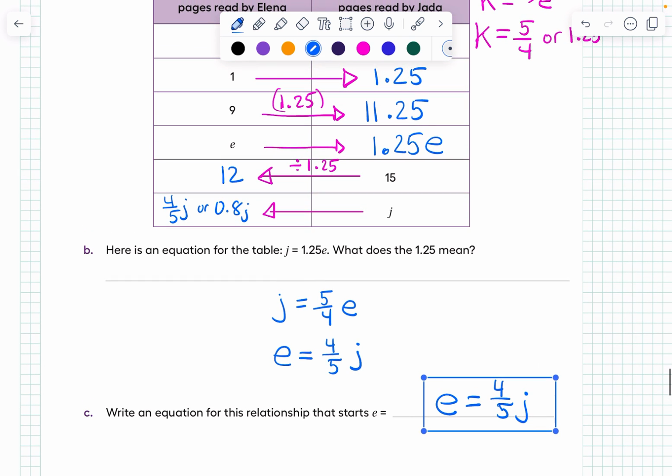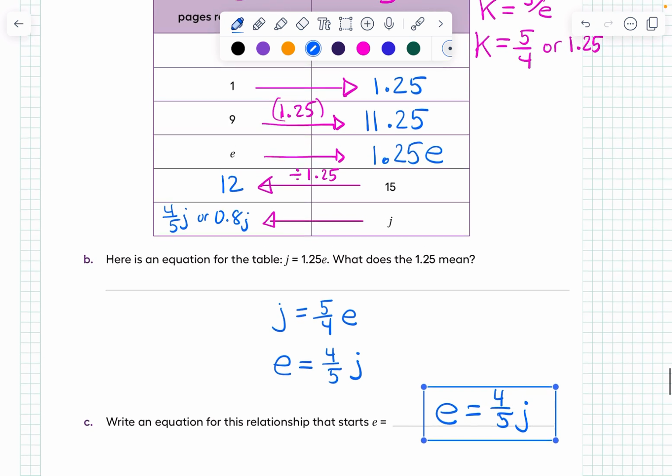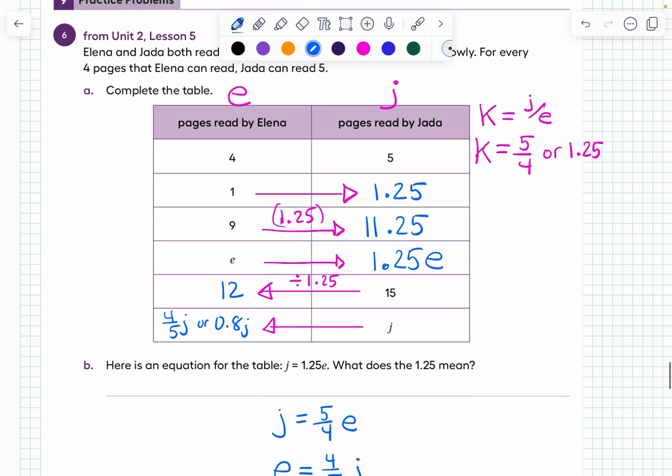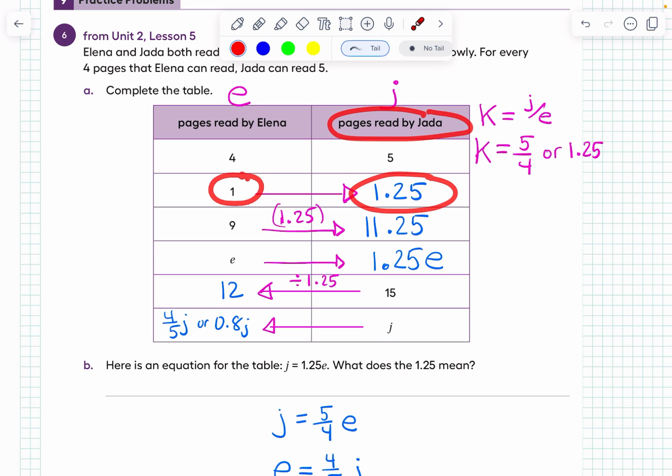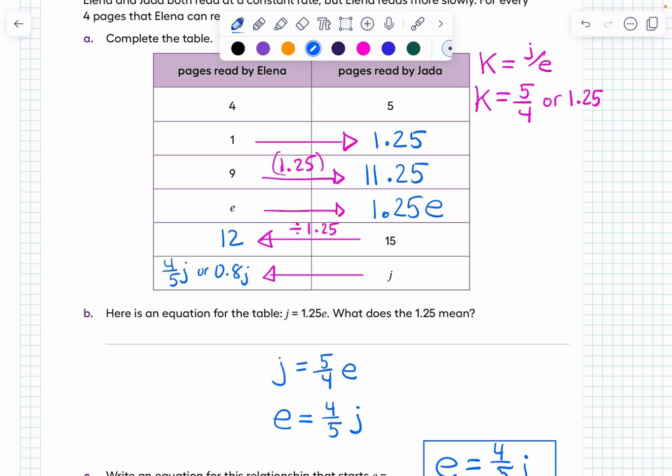And then on B, it says, here's the equation, J equals 1.25E. What does the 1.25 mean? Okay, just read it straight from the table. 1.25 pages read by Jada is equivalent to 1 page read by Elena.